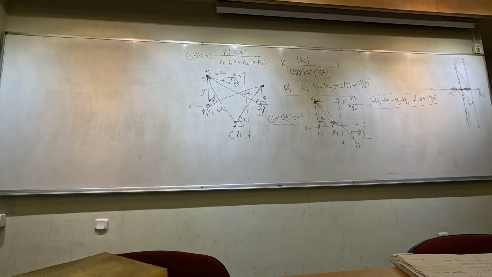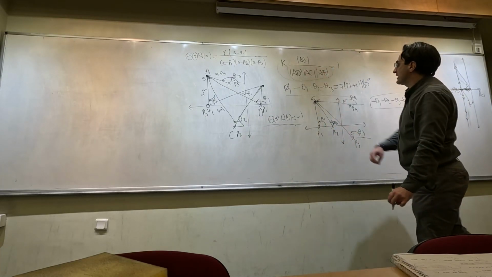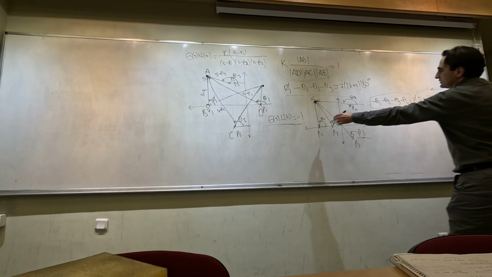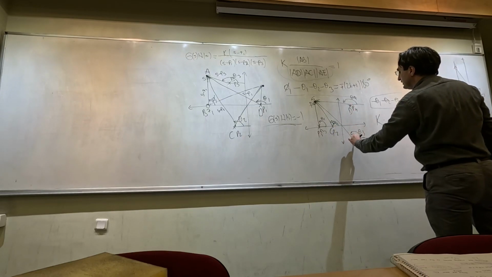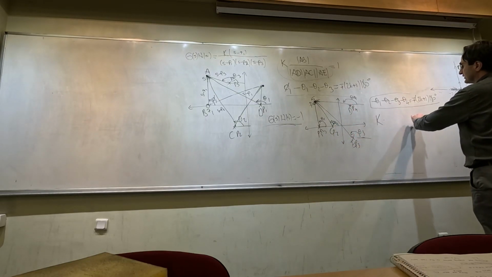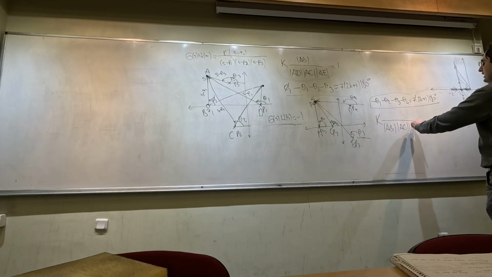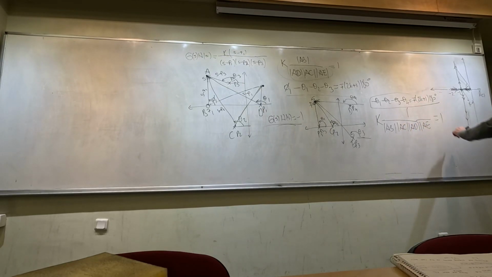If this equation is satisfied, then I can always look at the magnitude condition, and I can write k times these distances: AB, AC, AD, and AE here. These distances should satisfy equality 1.